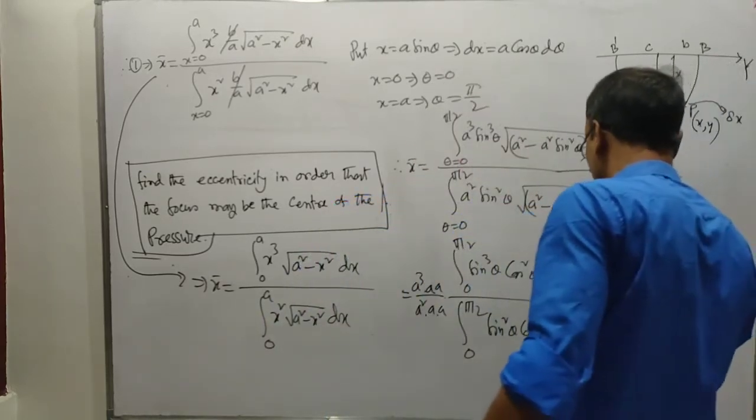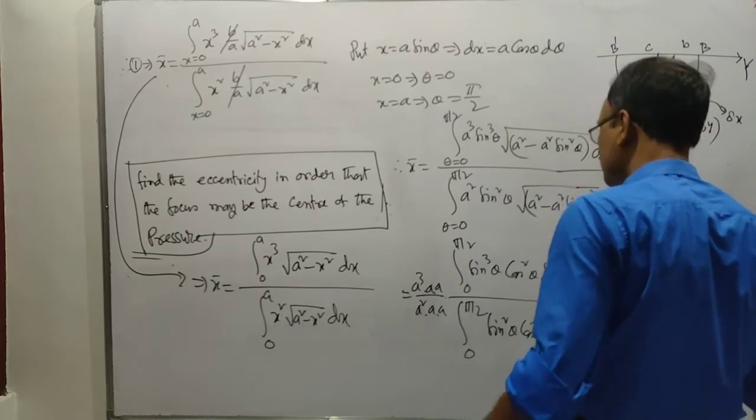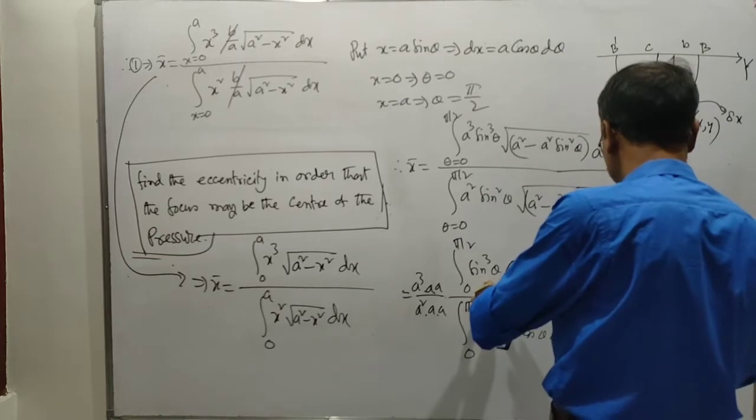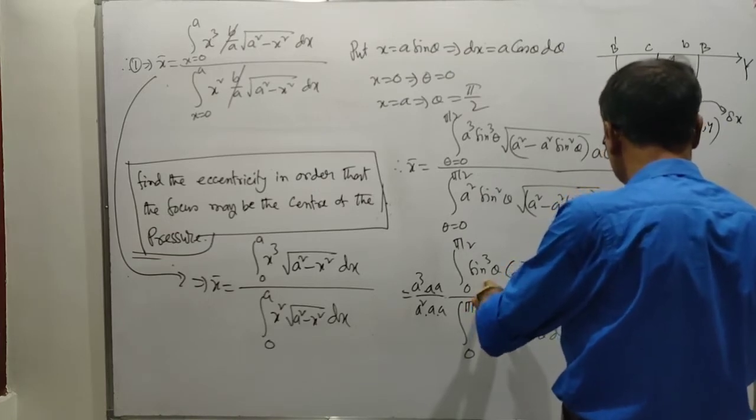This is equal to a. Obtain the reduction formula, 2 minus 1 divided by 3 plus 2, integration 0 to pi by 2.